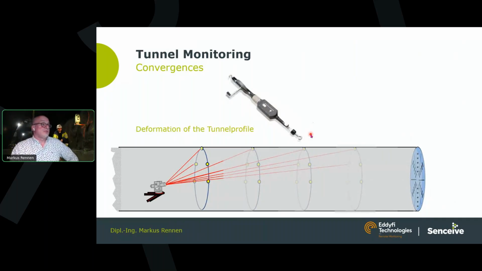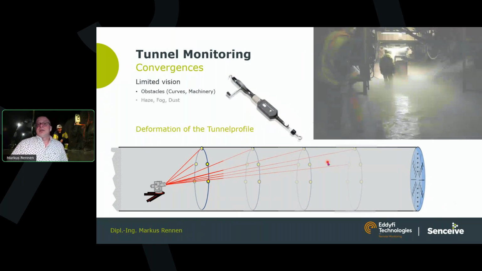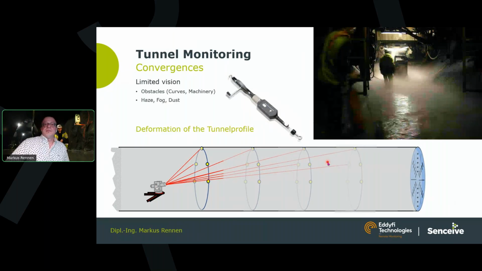But what I try to illustrate here with this drawing is that, of course, the longer you aim into the tunnel, climate, dust, steam, whatever it is, moisture, can affect the line of sight, and therefore it makes sense to overcome the limitations of limited vision.